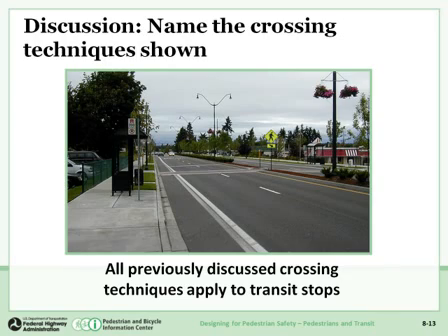Basically, the point to take from this is that street crossings are really a critical component of transit trips, because users will have to cross the road in at least one direction if they're taking the bus in two different directions, like going to work and coming back from work. The crossing techniques that we've discussed in some of these other modules will apply to transit stops too.